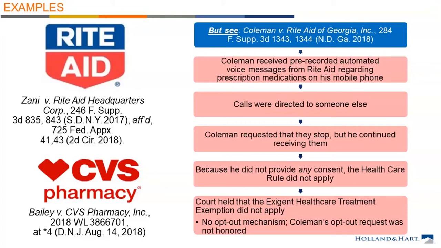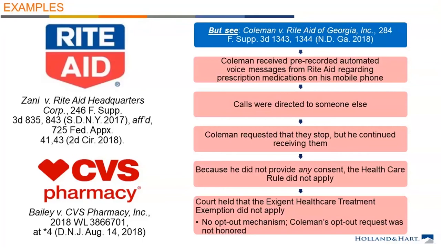And so Coleman's a cautionary tale, but it also is an example of what not to do in this set of circumstances. Rite Aid had some chances to stop making the calls, and one of them was to comply with his request, and it just didn't happen here.